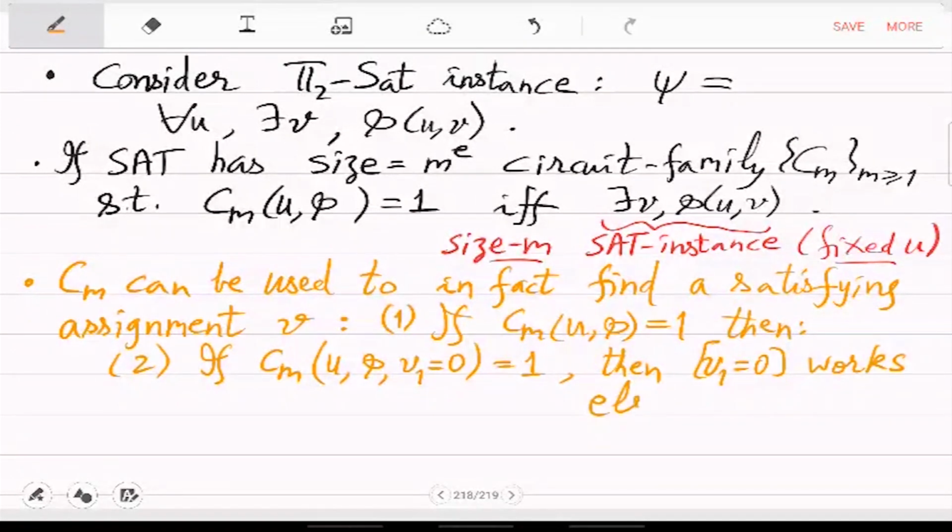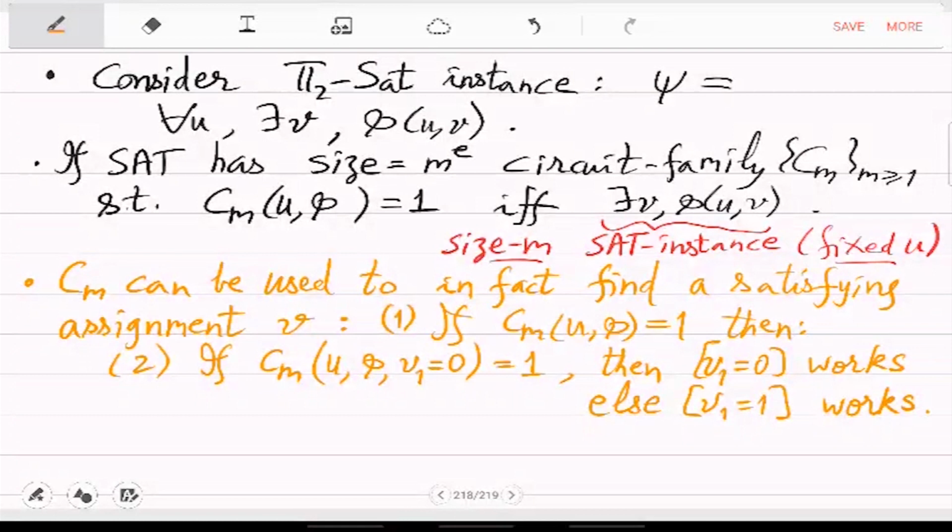Else, if this is false, then it means that you have to set V1 to 1. One of them has to work, right? Both cannot fail. If both fail, then it means that C_m(u, phi) is unsatisfiable, but that step 1 has ensured it is satisfiable.